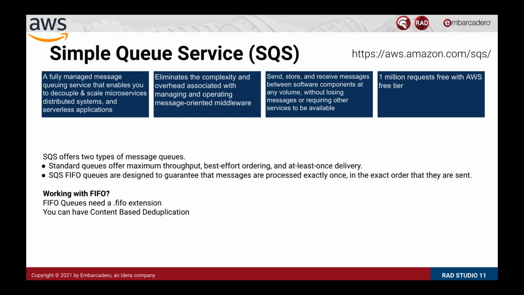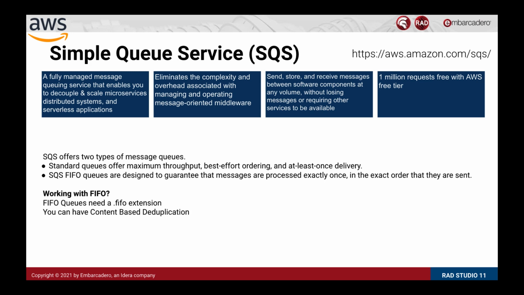And as you've put down here, there are a couple of different types of queues which help for slightly different scenarios. You've got the standard queues, which are designed for very high scale, maximum throughput. And then you've got the FIFO queues.